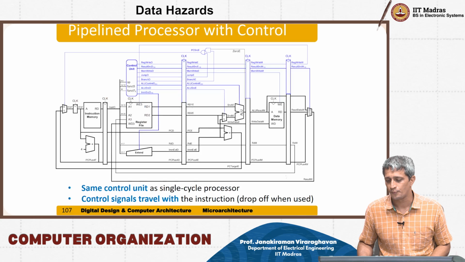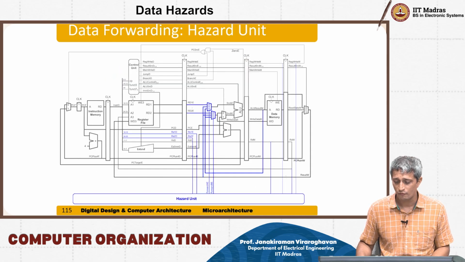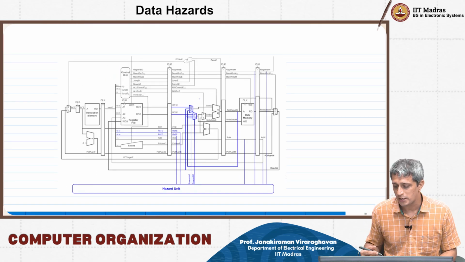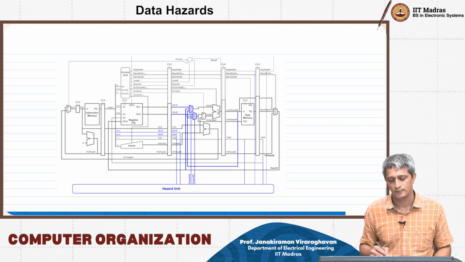Look at this. Earlier there was just this source AE and source BE done in a very simple manner. Now what have we done? We have basically added the multiplexers that control source AE and source BE.